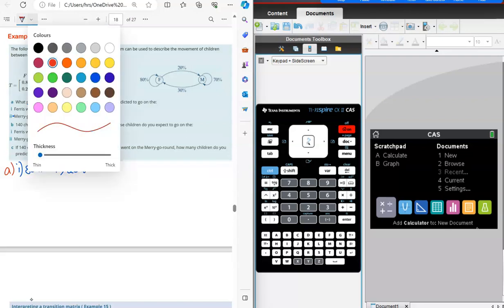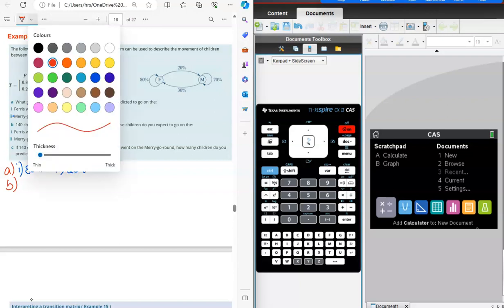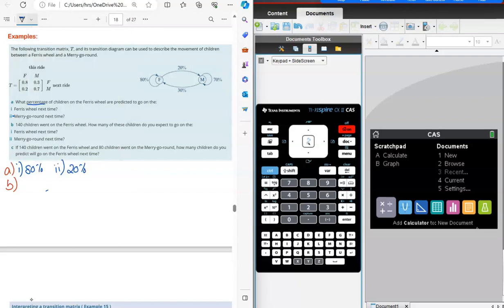Okay, then we've got B. It says 140 children went on the Ferris wheel. How many of these are expected to go on the Ferris wheel next time? We know that Ferris wheel to Ferris wheel was 80%.